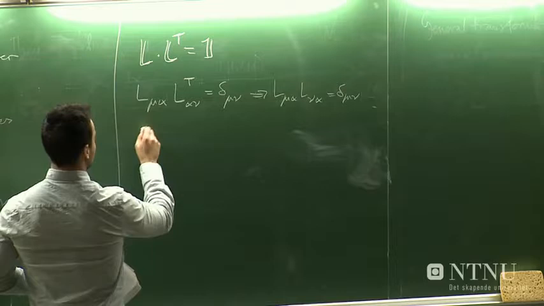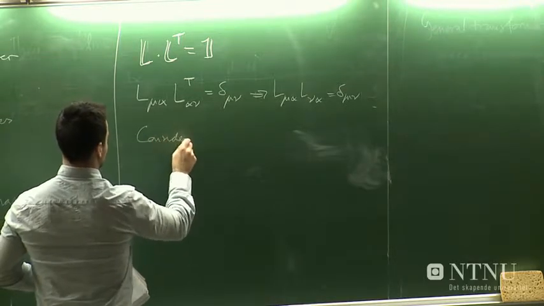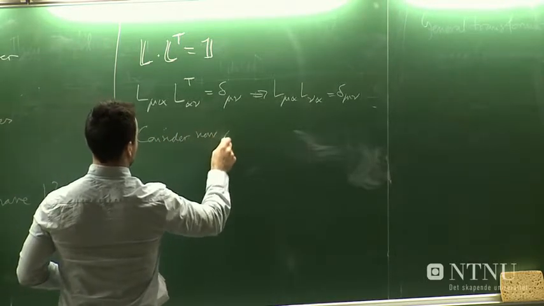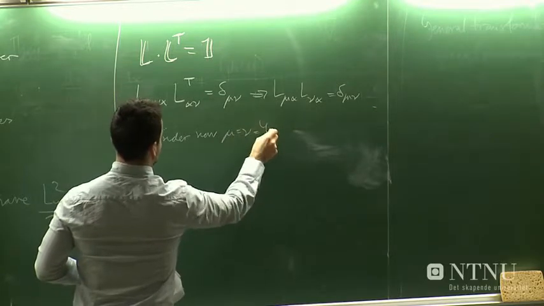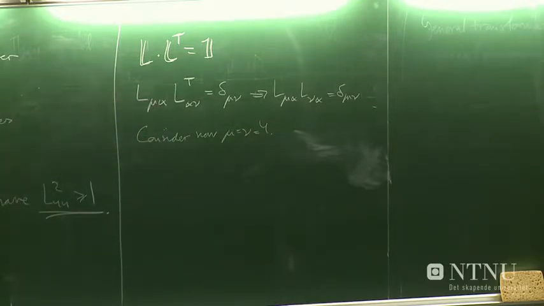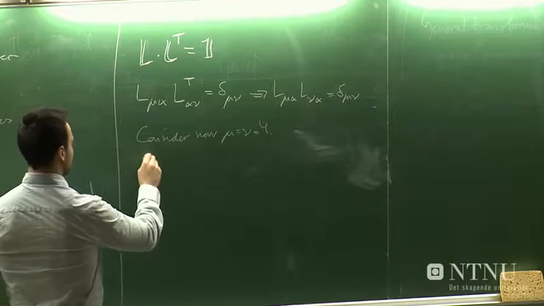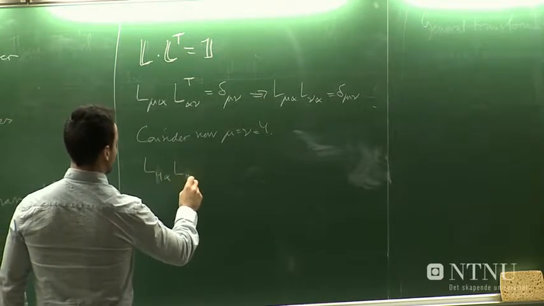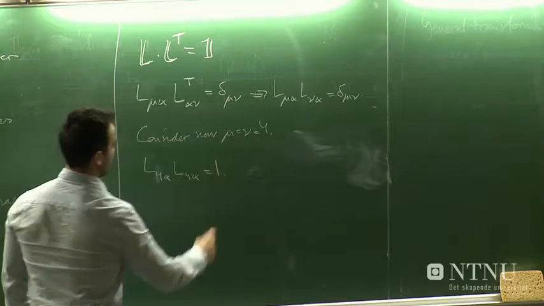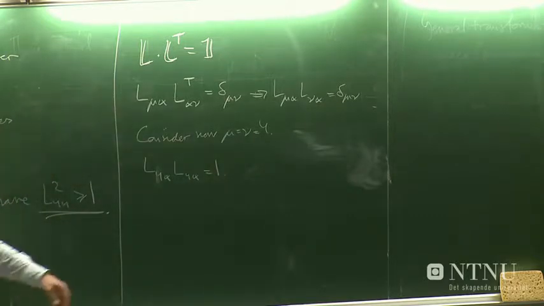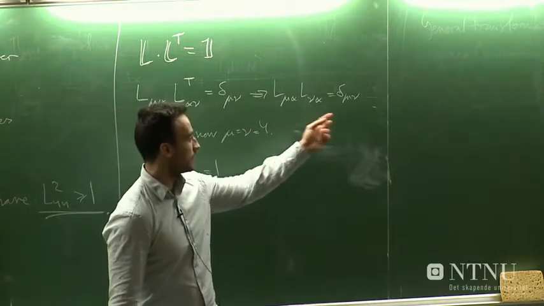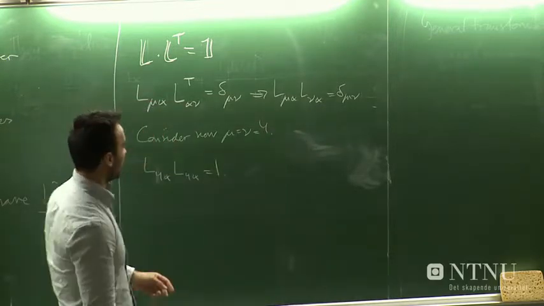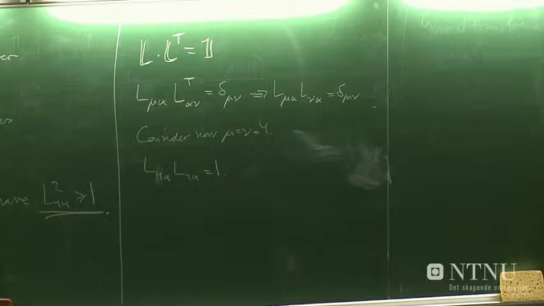So consider now the case where mu and nu are equal to 4, because we're interested in this L44. So we get this. If mu and nu are equal, this is 1, and we get L4 alpha squared, and a sum over alpha.